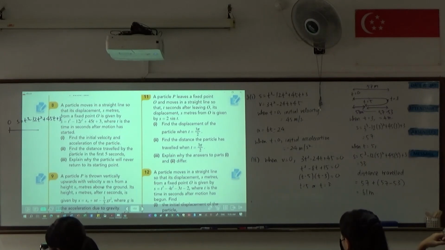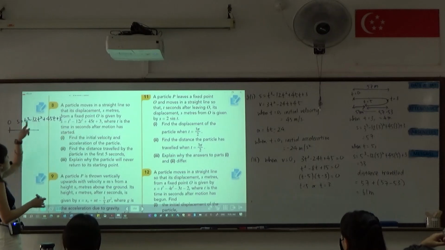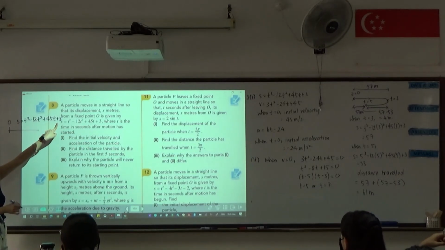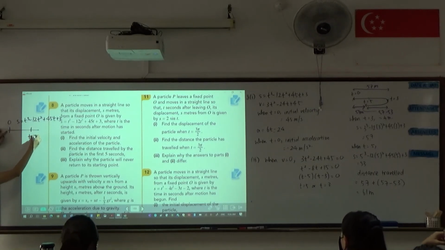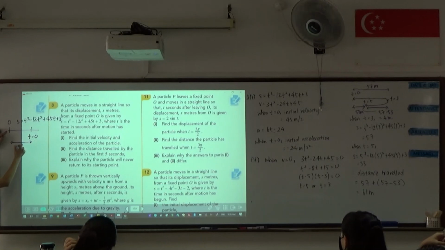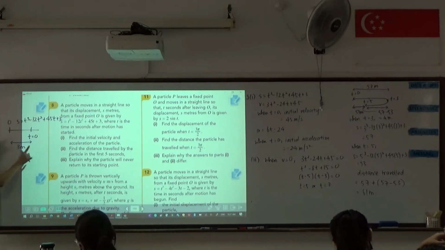So we notice that when t is equal to 0, when I substitute 0 inside here, I will find that my s is equal to 3. That means the fixed point O is here, but when t is equal to 0, there is already a lapse of 3 meters. That's what the question is saying. You understand what I'm trying to say? Yeah? So there is a lapse of 3 meters.